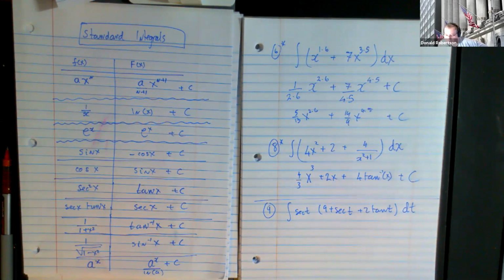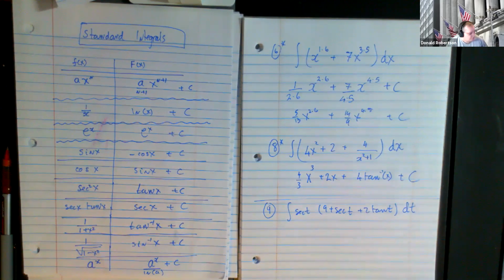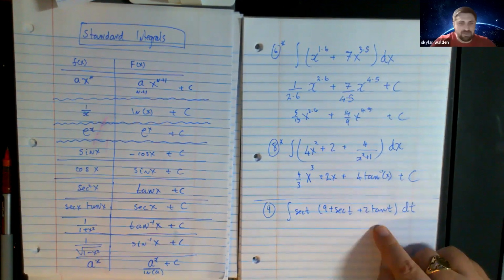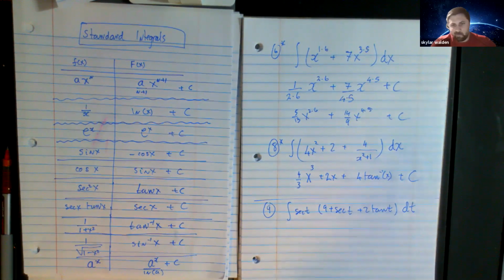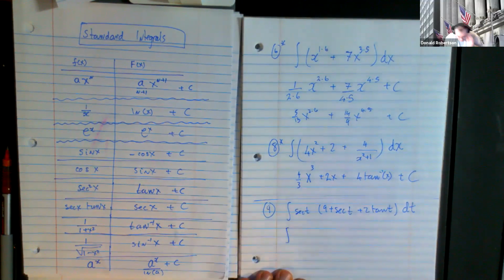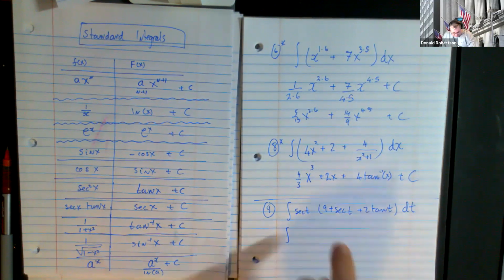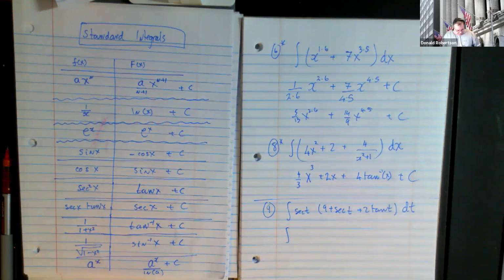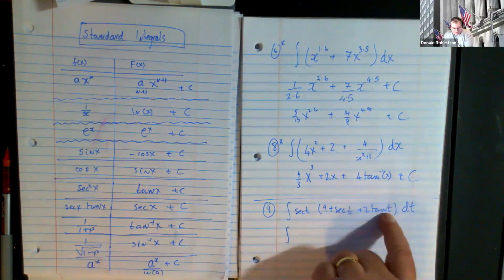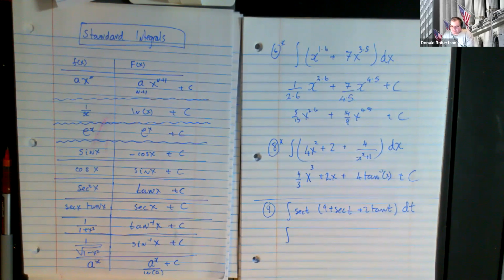Nobody recognizes it? Then we have to figure out how this thing here is going to be integrated. It's definitely got trig stuff in it, so I should be thinking, oh, trig identities. There's going to be some trig identities, or at least something is going to happen.